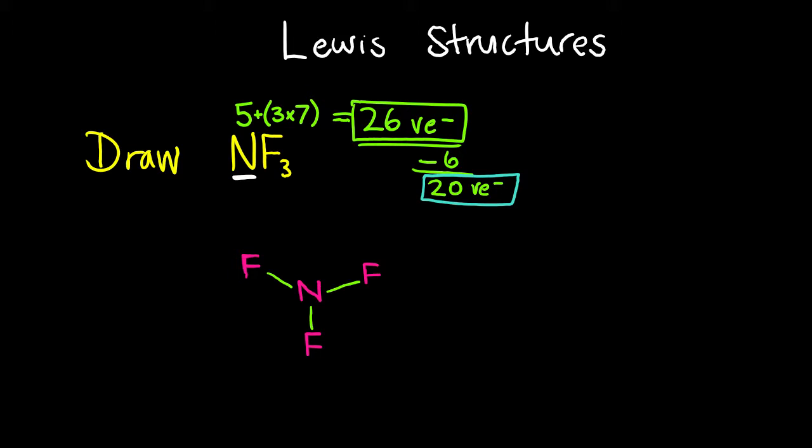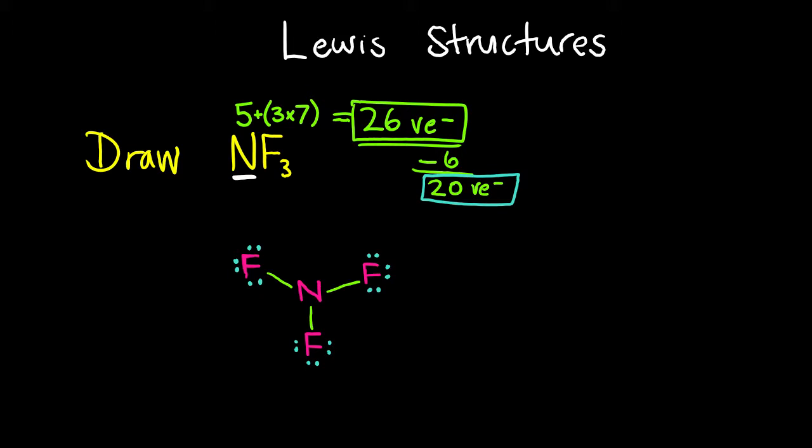So if I'm looking at the top left fluorine, I have 1, 2, 3, 4, 5, 6, 7, 8 valence electrons for that fluorine. But of course I have just used 6 of my 20. 7, 8, 9, 10, 11, 12, 13, 14, 15, 16, 17, 18.